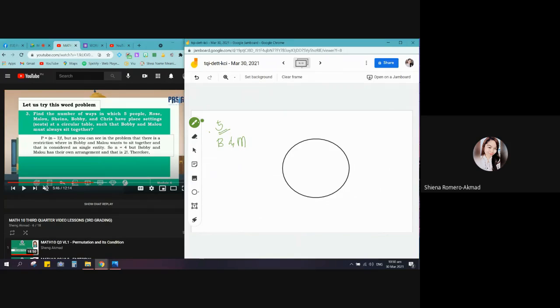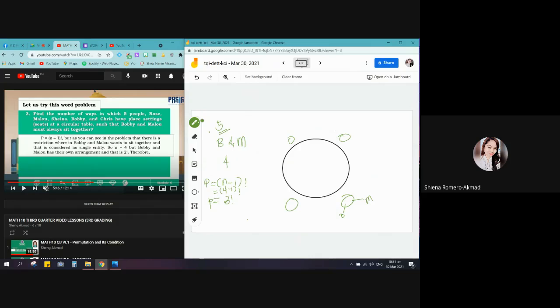So we will count them as 1. So if they are counted as one, you have 3 and one, just 4 persons. Or let's say, we will consider 4 persons will sit. So for these 4, you have 1, 2, 3, and this one, the 2 of them, Bobby and Malu. So since there are 4, we will use n minus 1 factorial because it is a circular table. So it becomes 3 factorial, right? Because that's 4 minus 1 factorial.